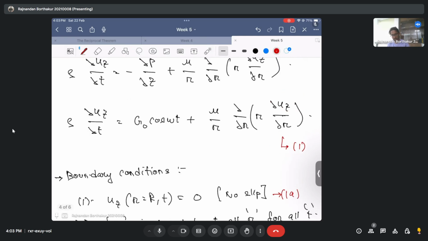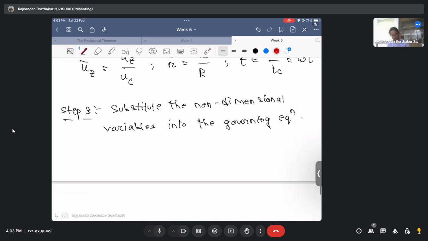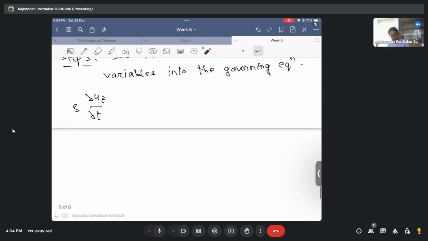Okay, so if I now substitute all the non-dimensional variables into these equations, let's see what the first term would look like. So the first term is rho times del uz by del t. But we know that uz, which is a dimensional z direction velocity, is the non-dimensional velocity multiplied by uc, which means I can write this term as rho times del of uc times uz bar.